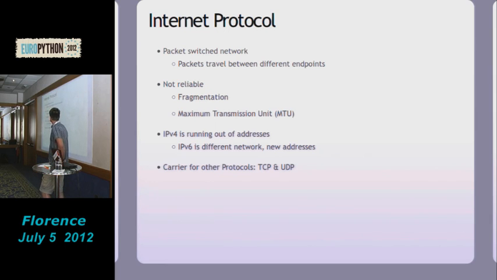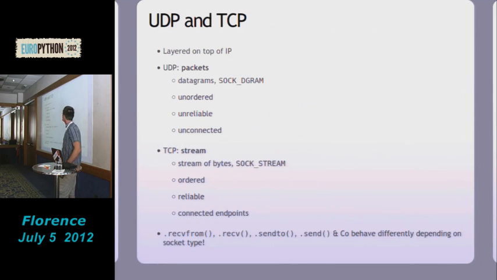This afternoon I'll mostly look at what builds on top, which is using UDP and TCP on top of those packets. The main difference is that UDP carries packets between two endpoints, and it's very close to what IP itself is. TCP is a stream of data, a stream of bytes, essentially.